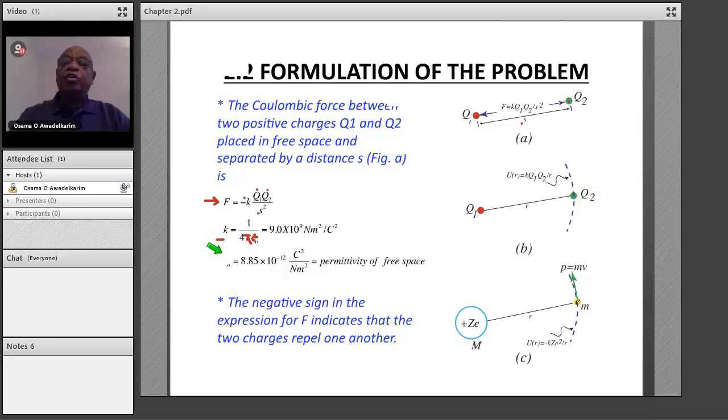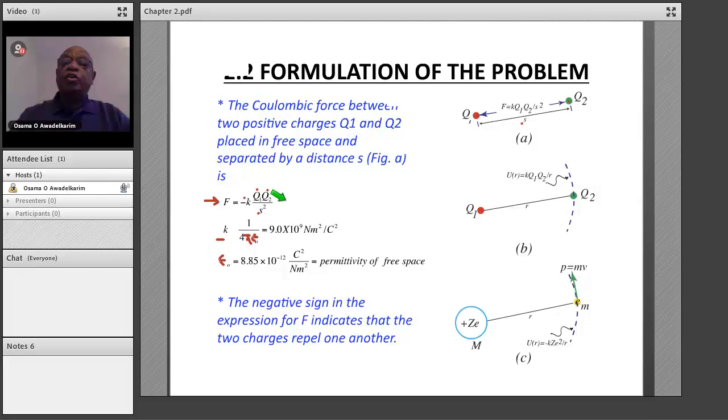The permittivity of free space, epsilon naught, that I have used here is 8.85 times 10 to minus 12 coulomb squared per Newton per meter squared.